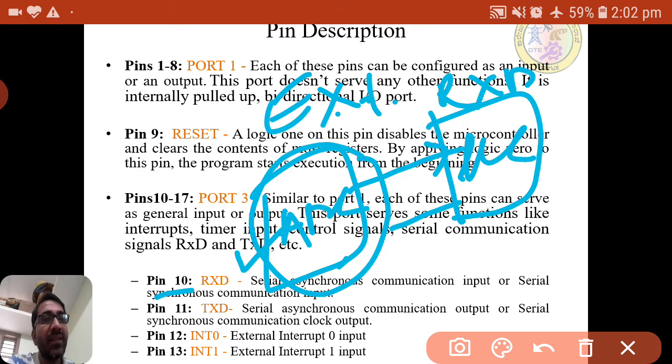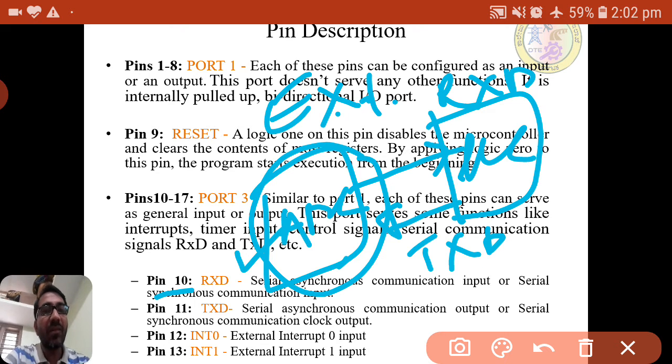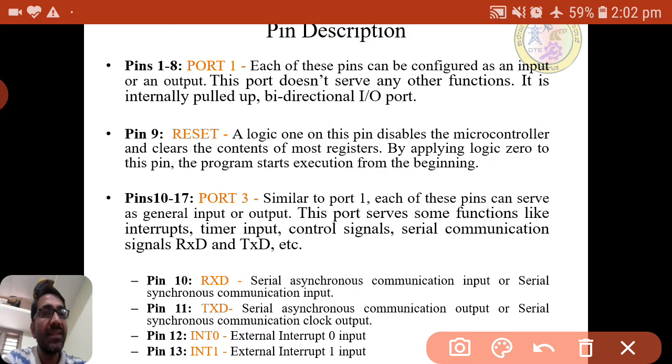Similarly, TxD sends data serially to the external device. Serial means one bit is sent at a time, per clock.